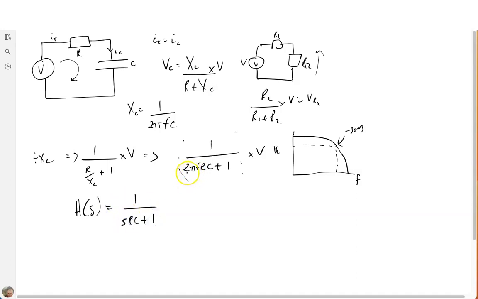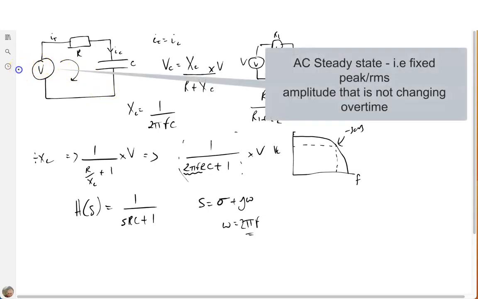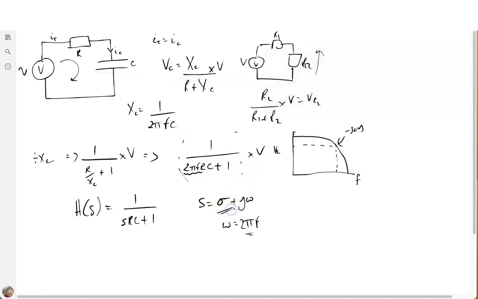So what we've done is we've taken the 2 pi f and replaced it with this S. Now this S is sigma plus this imaginary part, so we often say that is j omega, where omega is equal to this 2 pi f portion. Now in this case, if we're just considering the AC component, so if this were an AC signal going in, then we can largely ignore the sigma part.